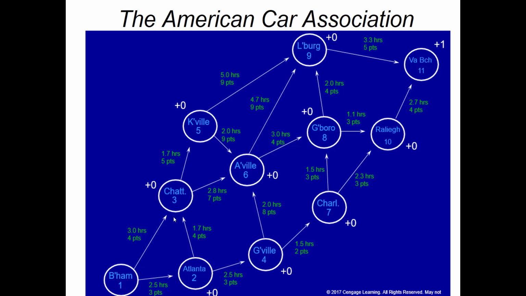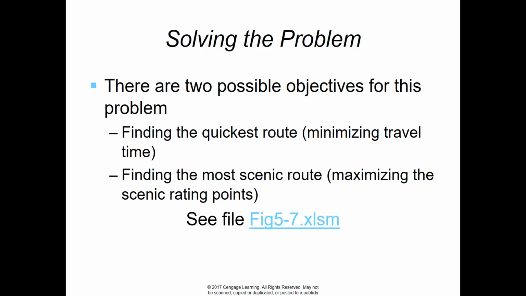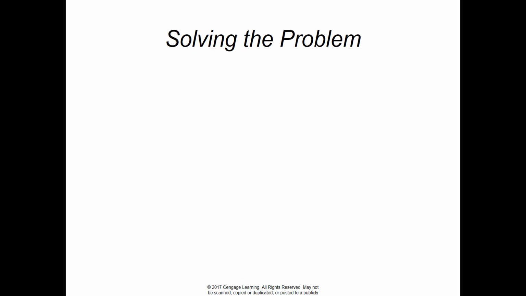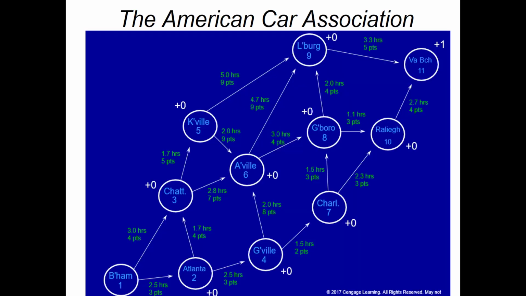So let's model this problem. For the objective function, we just multiply hours by decision variables. That means 3 hours multiplied by x13 plus 2.5 hours multiplied by x12, and so on.